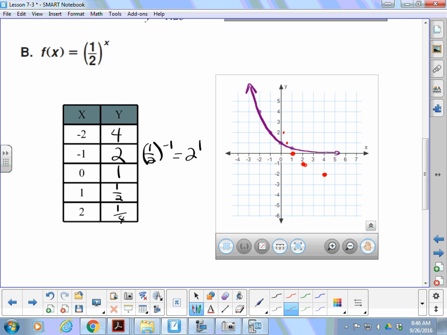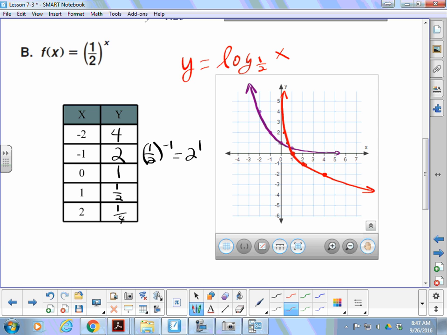So this graph then is going to look like this. Now this one's only going to cross in one place, and that's still going to be through the line y equals x, right? And so this is y equals the log base 1/2 of x. Just make sure that that 1/2 is always written as a subscript.